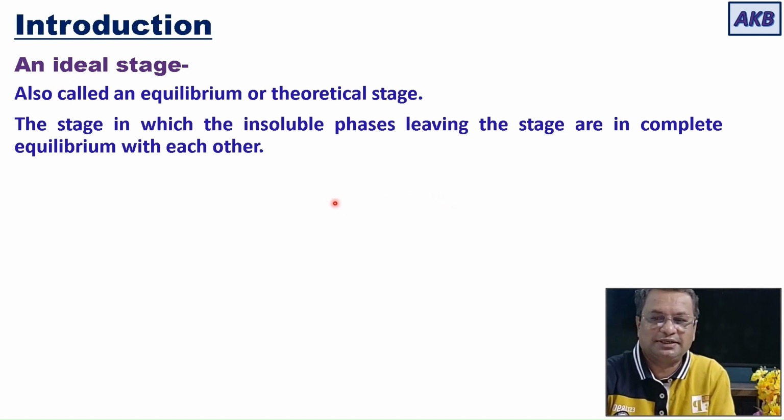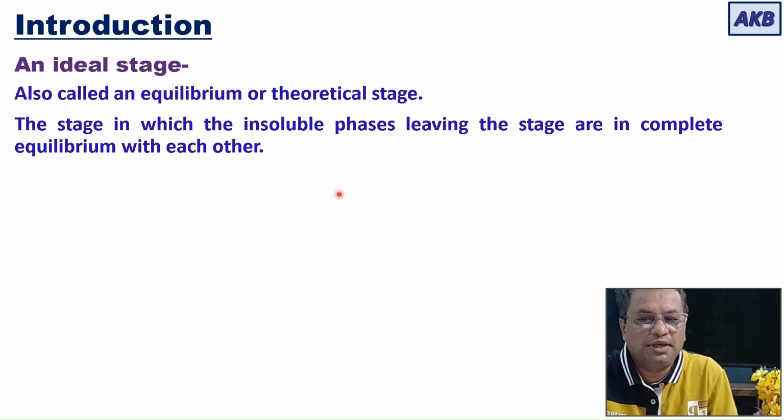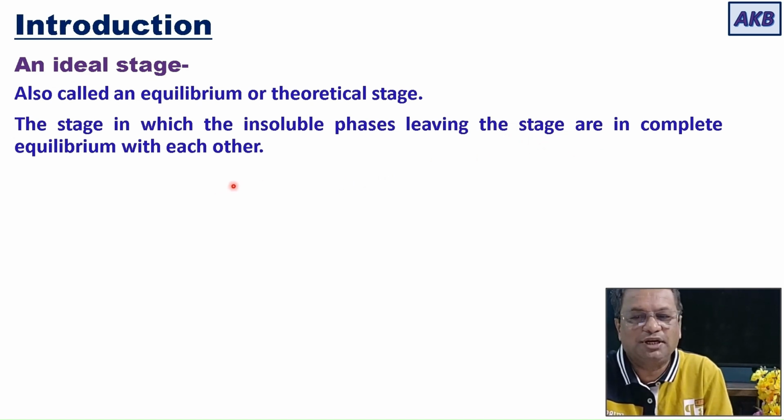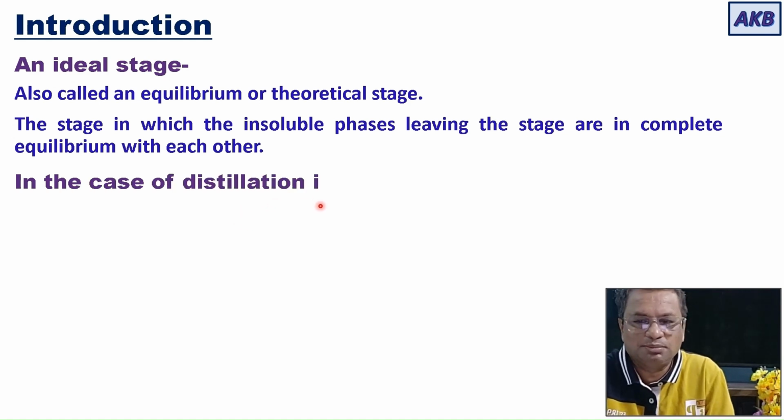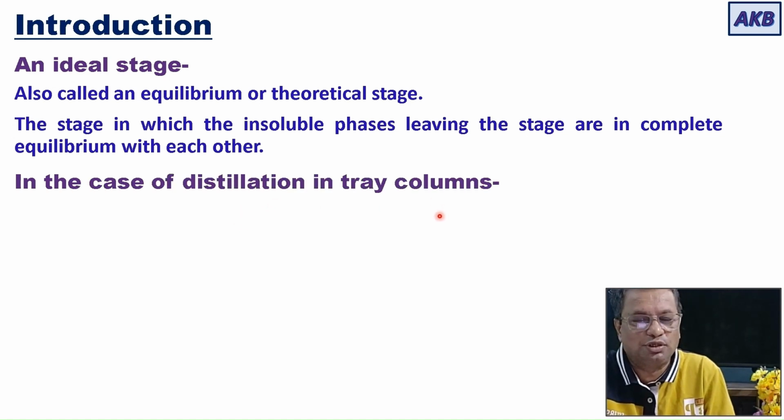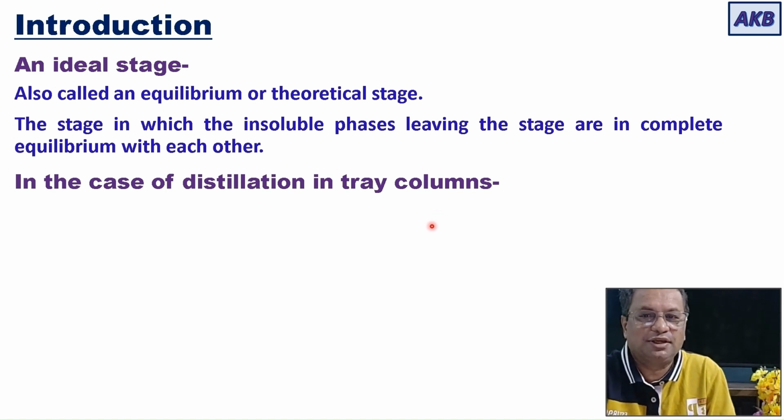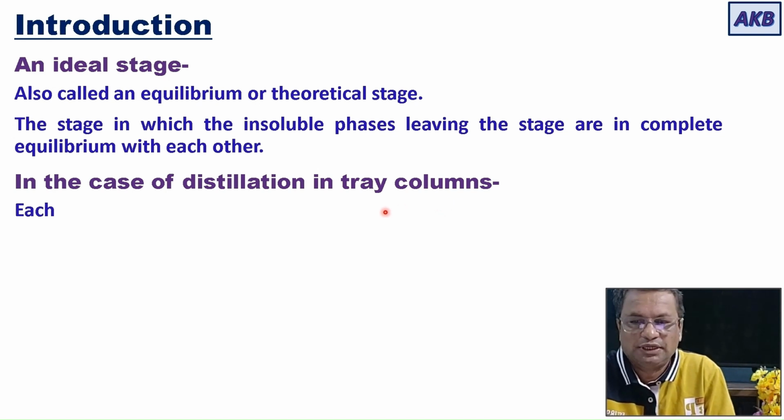Are you understanding it? So a stage in which the two insoluble phases that leave the stage are in complete equilibrium with each other. When you are talking about distillation in a tray column, each tray in that column acts like a stage.